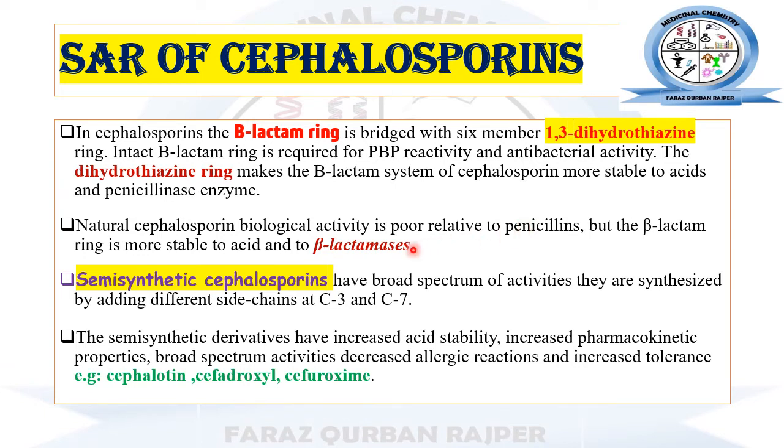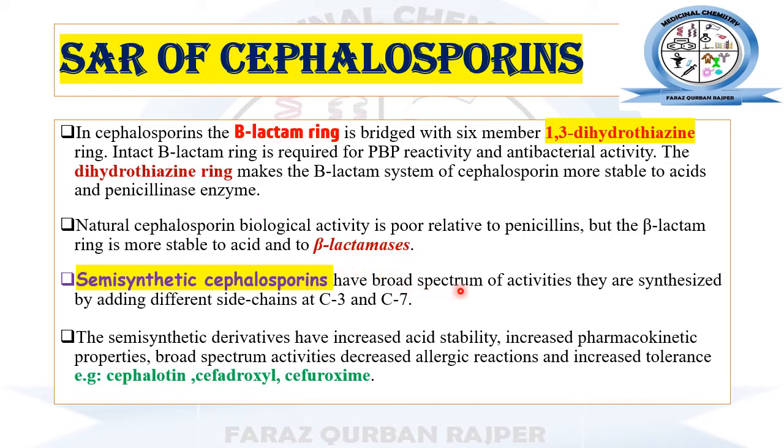Then there are certain derivatives that are made by synthetic modification of the cephalosporin side chain and at the 3rd position in their ring structure. They are basically the semi-synthetic cephalosporins.